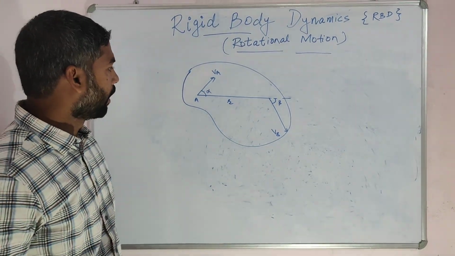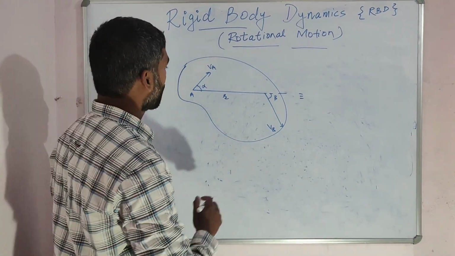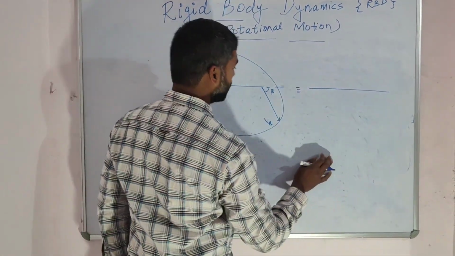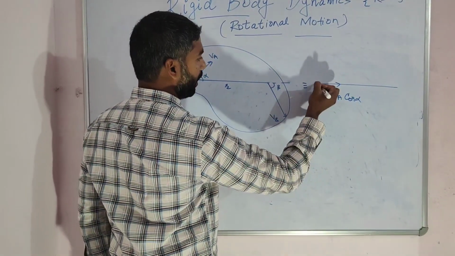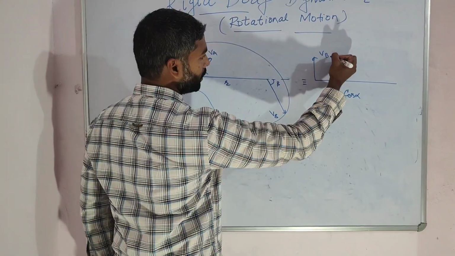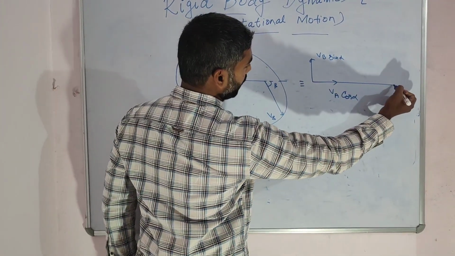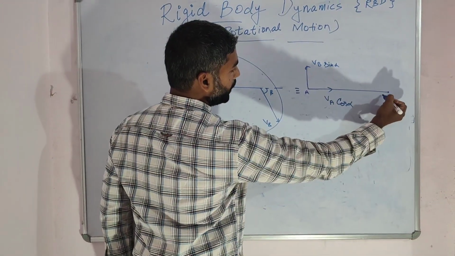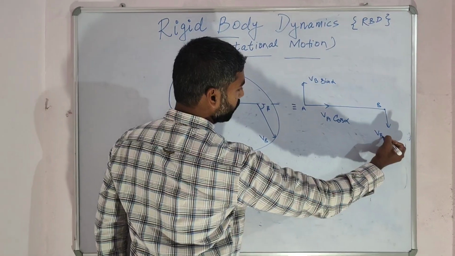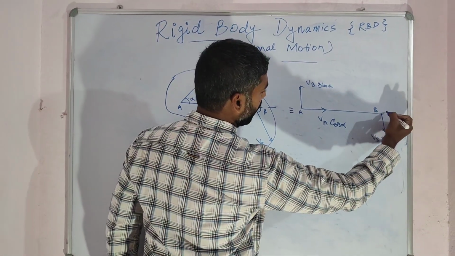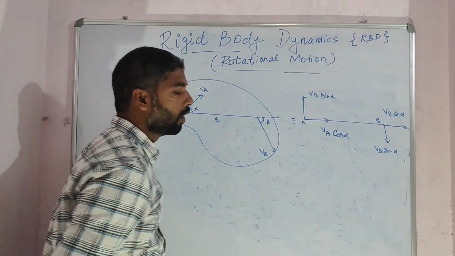If we analyze the motion, the component of the velocity along this will be Va cos alpha, along this will be Vb sin beta, and this point B has velocity along this Vb sin beta, and along this is Vb cos beta.